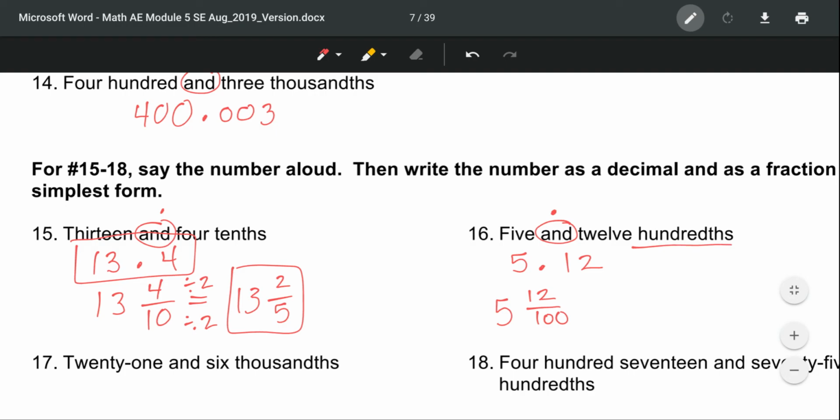So hundredths means out of 100. And now to reduce that, we can divide both the numerator and denominator by 4. So we get 5, and then 12 divided by 4 is 3, 100 divided by 4 is 25. So 5 and 3/25 is the same thing as 5 and 12 hundredths.